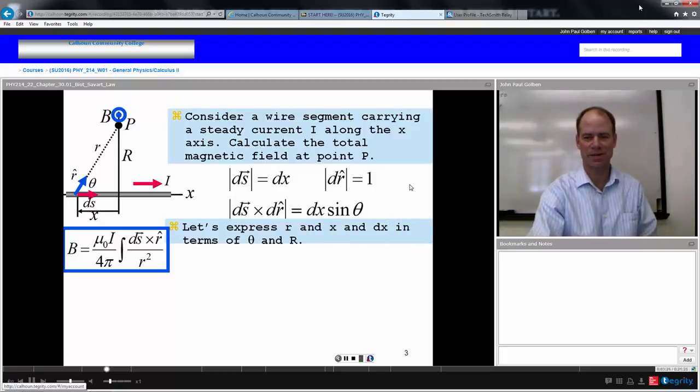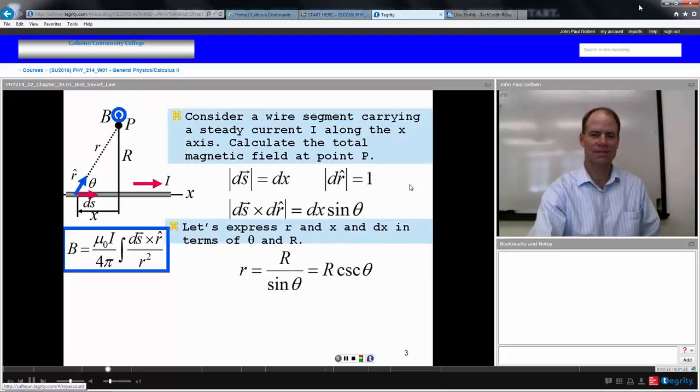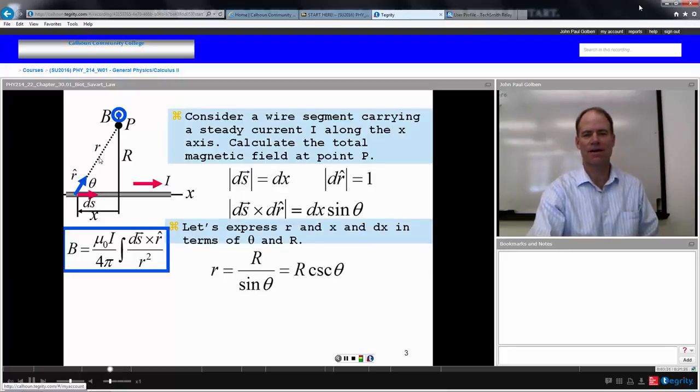Bear with me. Let's express r and x and dx in terms of theta and R. So r, which is the hypotenuse of this right triangle here, is equal to big R, or capital R, which is the perpendicular distance from point P to the line of action of this current, divided by sine theta.